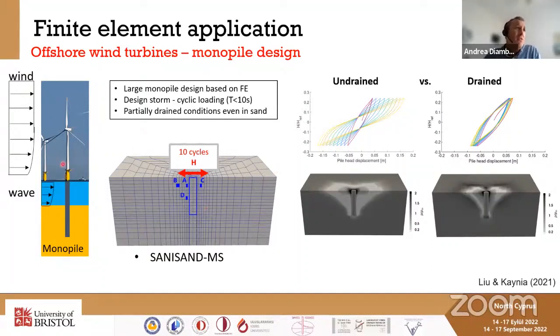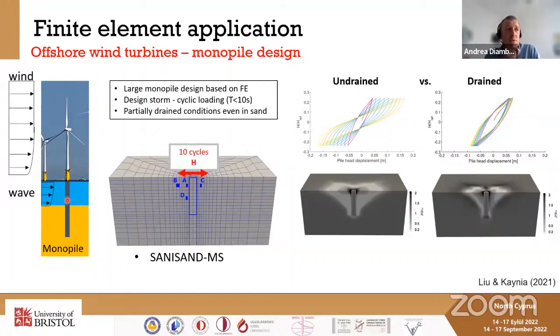These offshore wind turbines are typically founded on monopiles. Monopiles are the foundation of choice for about 90% of wind turbines, and the driving design criterion is the behavior during cyclic loading, due to the waves and the wind. During a storm, the monopile is subjected to a very large number of cycles of lateral loading.